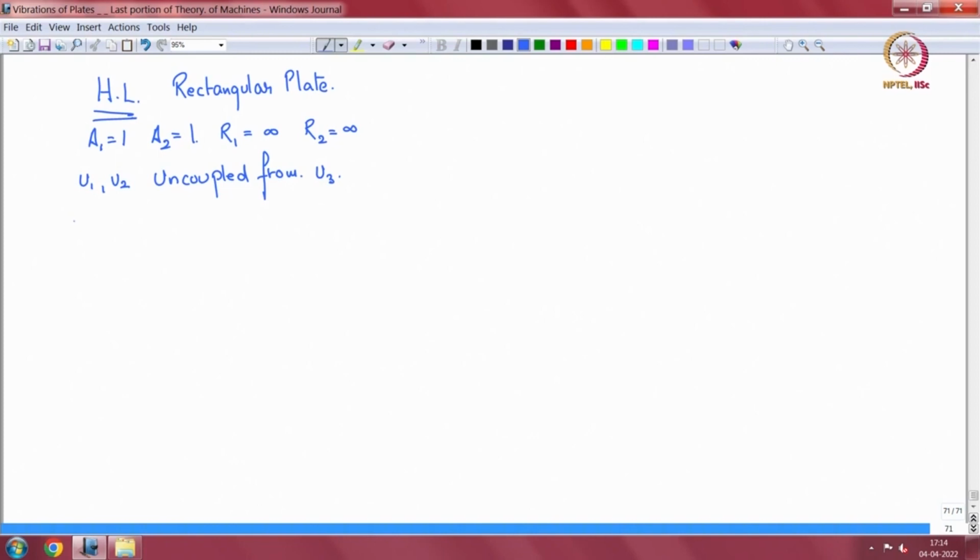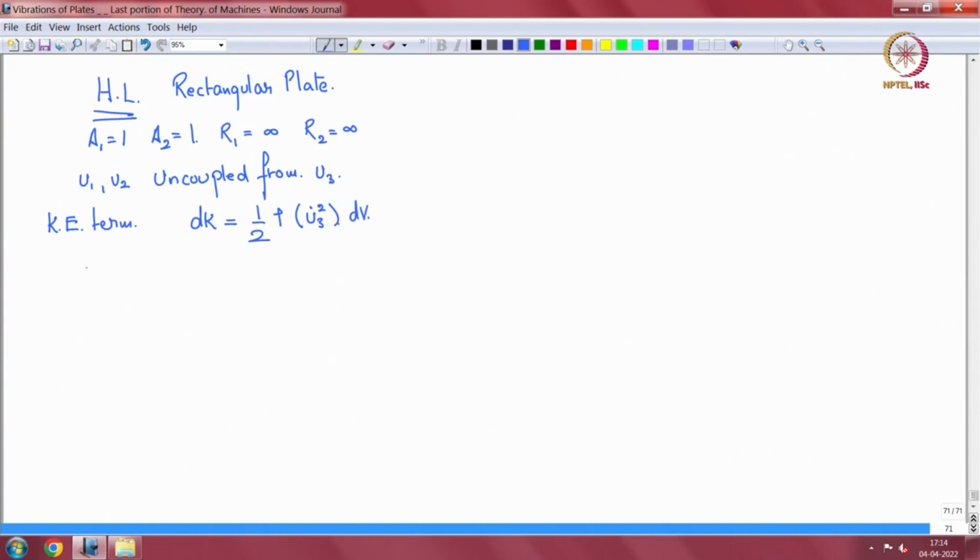So let us see the kinetic energy term, Tk. Now we include only the transverse part, half rho U3 dot square dV.